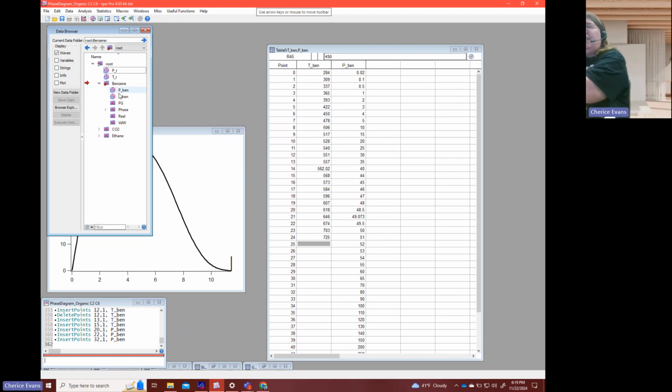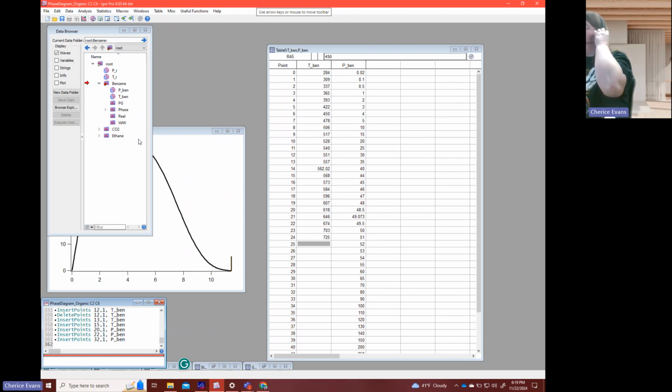Okay, now at this stage, I'm going to take my benzene pressure and temperature. The temperatures are going to be isotherms.